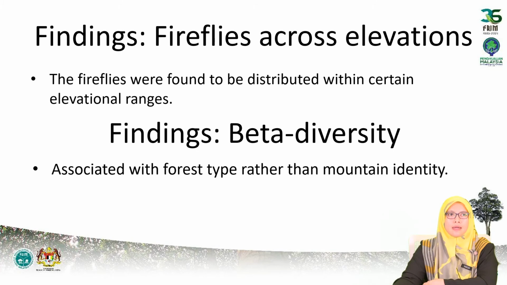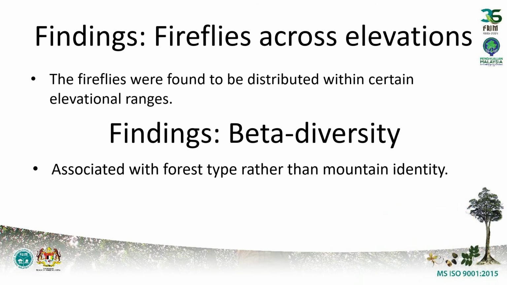The findings from the study are that, when it comes to the elevational gradients, the fireflies were found to be distributed within certain ranges of the elevation. With them distributed across the elevation, habitat loss could primarily be the concern for their conservation, as more lowland forests are being degraded for logging or for converting into other human landscapes.